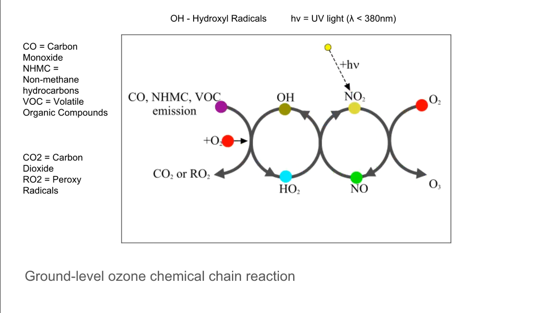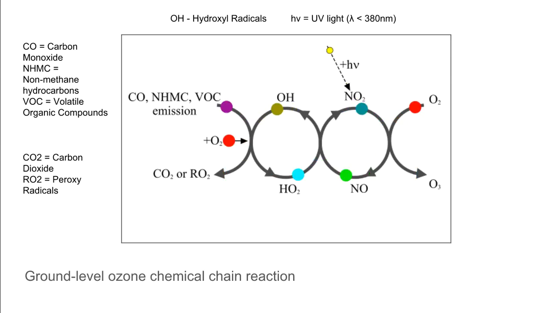Now, ozone itself is a secondary pollutant in the troposphere, and it generally exists in very low quantities, except during certain times and certain places, and largely as a result of human activity.